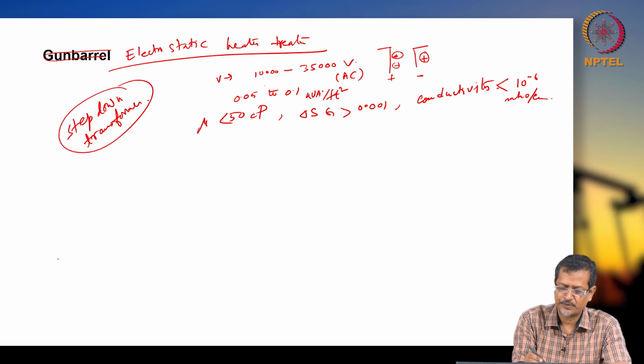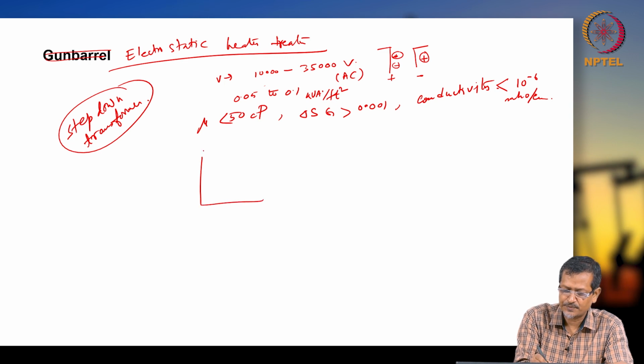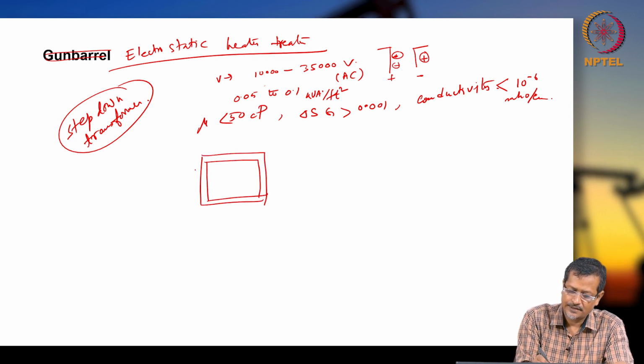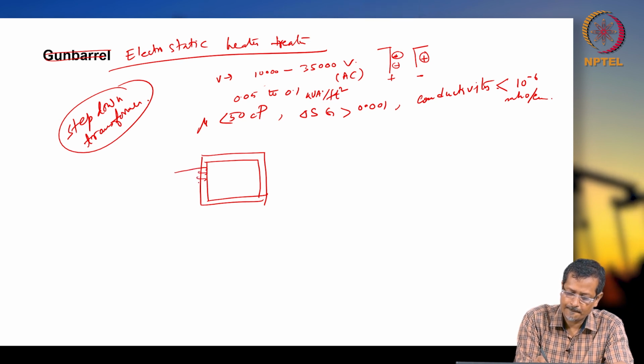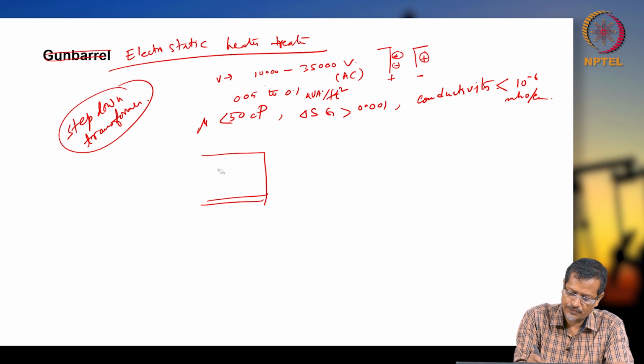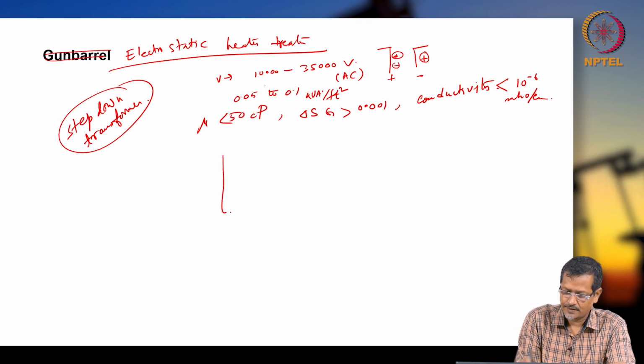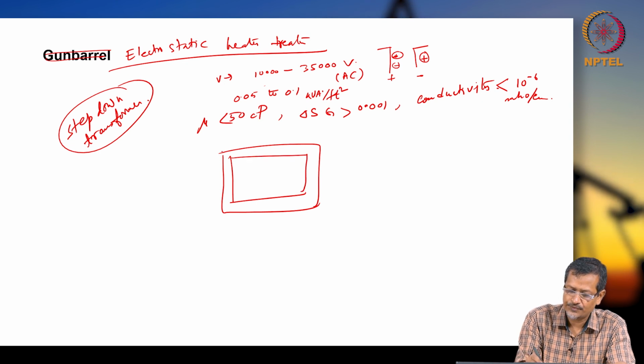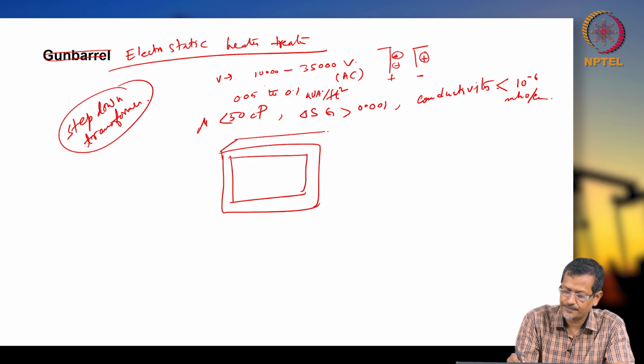So how does a transformer work? A transformer will be like this. I will draw it another way. There will be a laminated core. This is a laminated core.